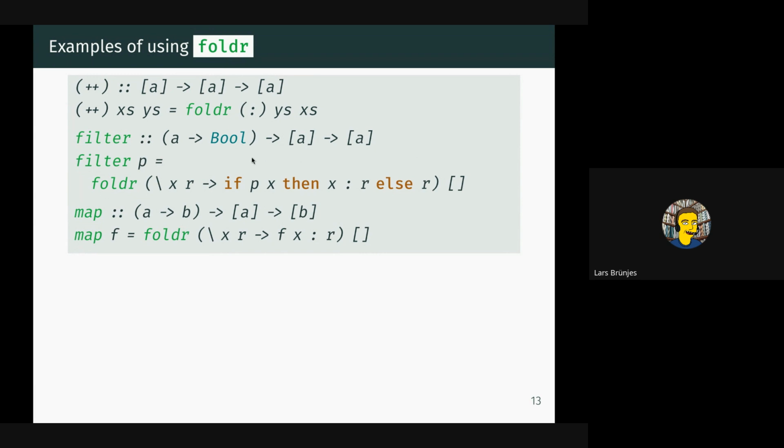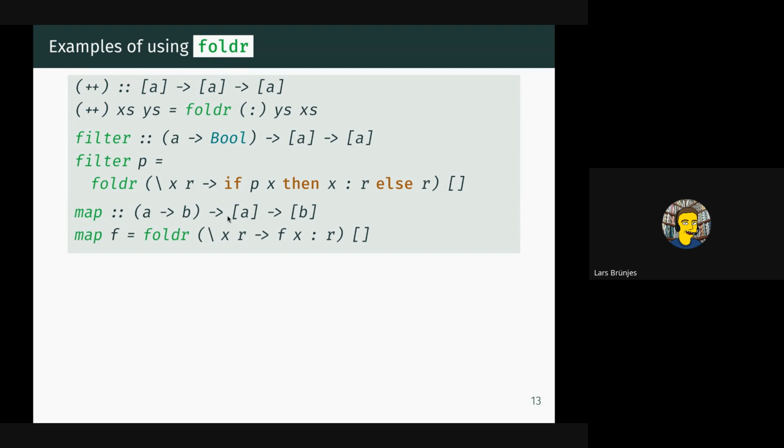And now we need a function, given the head of the list and the filtered tail, to produce the filtered result. And that depends on whether the head of the list satisfies the predicate or not. So if it does, then we keep it and put it on the filtered tail. Otherwise, we throw the x away and just keep the filtered tail. So filter can also be written as a foldr.